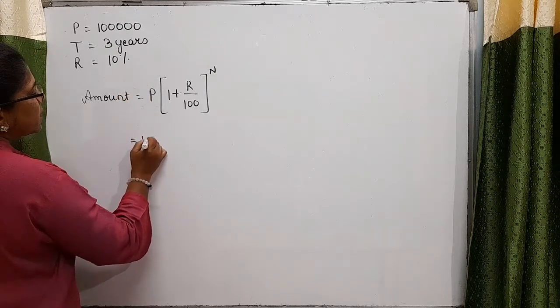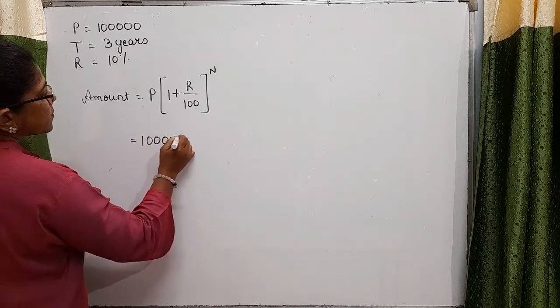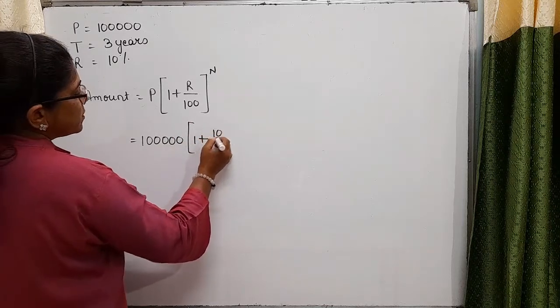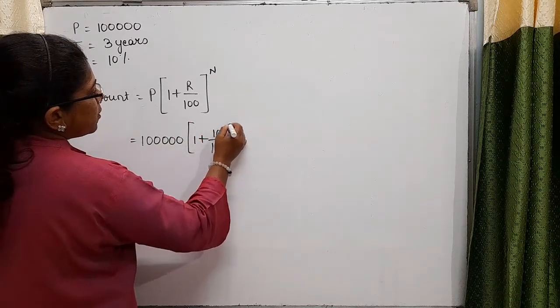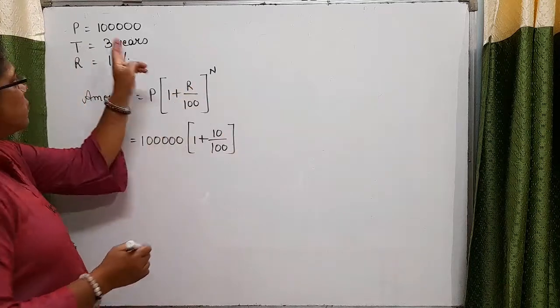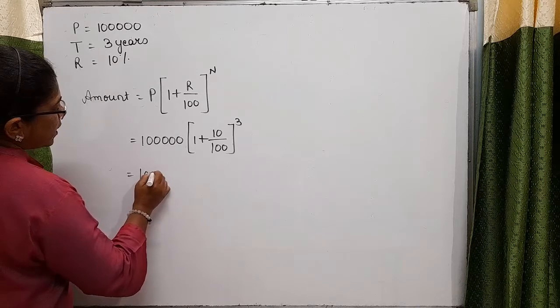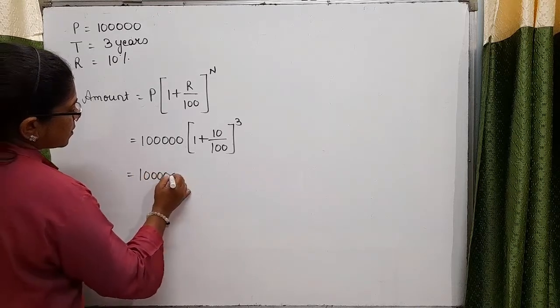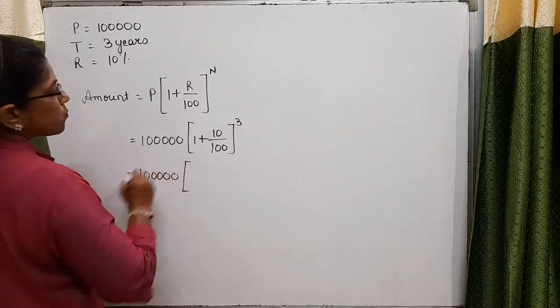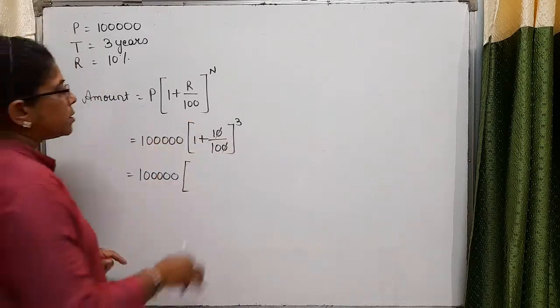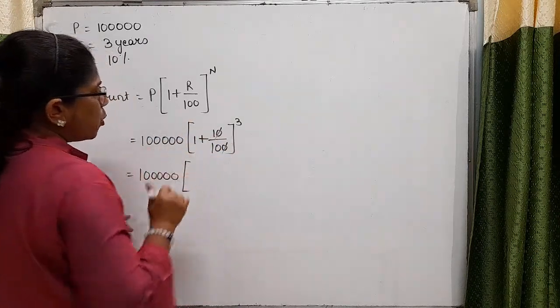Let's substitute and find the answer. P is 1 lakh into 1 plus R. R is 10. 10 upon 100 and here the number of years is 3. Okay. 1 lakh into, here let's solve this bracket part. 1 plus 1 upon 10.